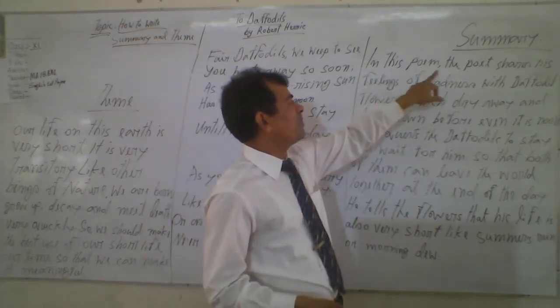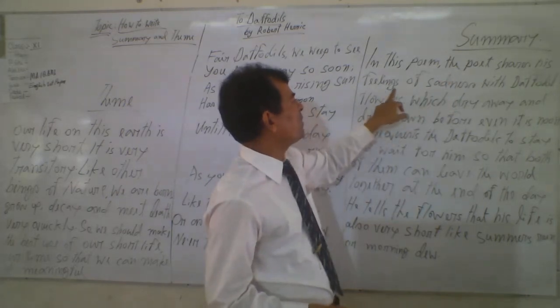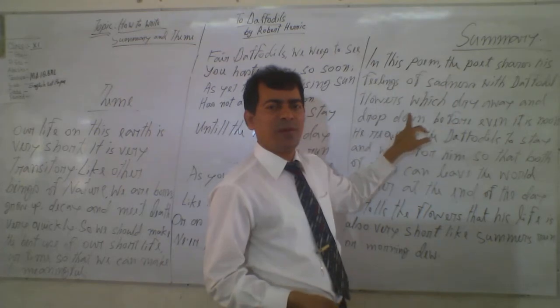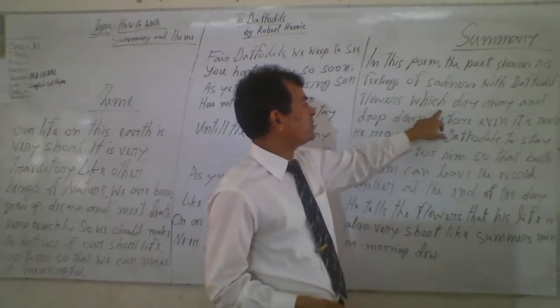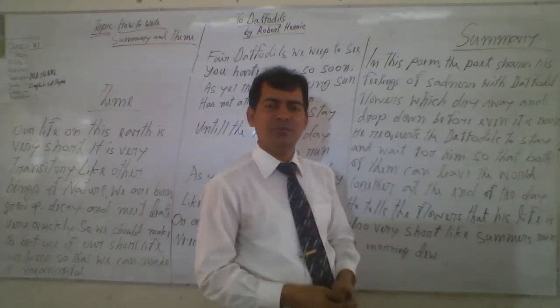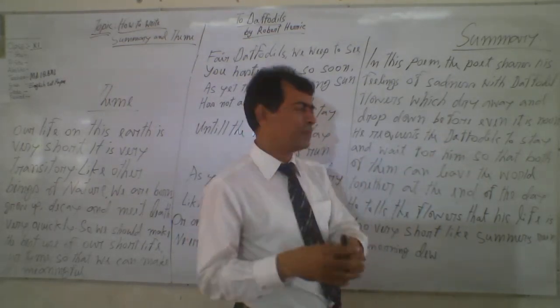In this poem, the poet shares his feelings of sadness with the daffodil flowers, which dry away and drop down before even it is noon. A very short life.